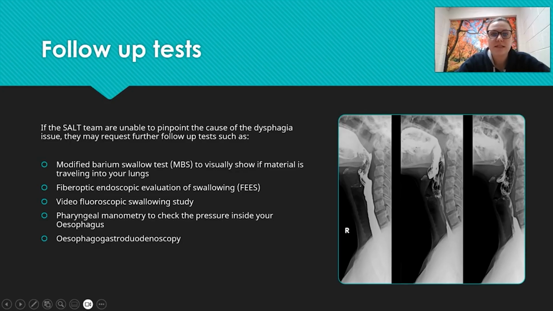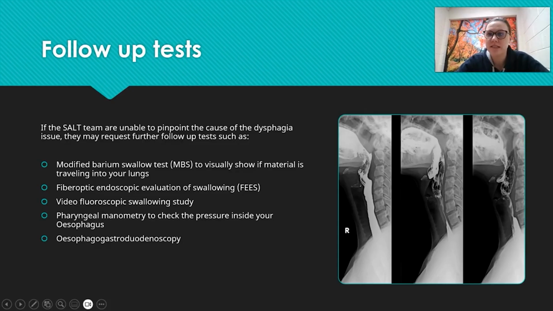So follow-up tests. If they're unable to pinpoint the cause during that initial assessment, they may refer you for other swallowing tests. As you can see in this picture here, this is called a modified barium swallow test, otherwise known as a moving X-ray.